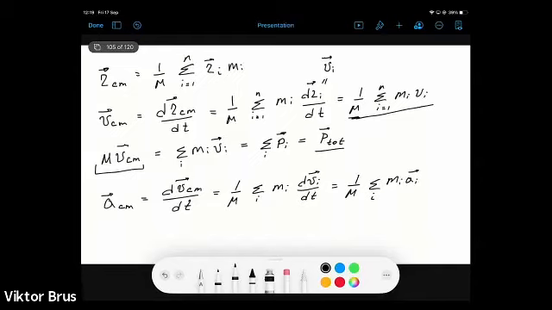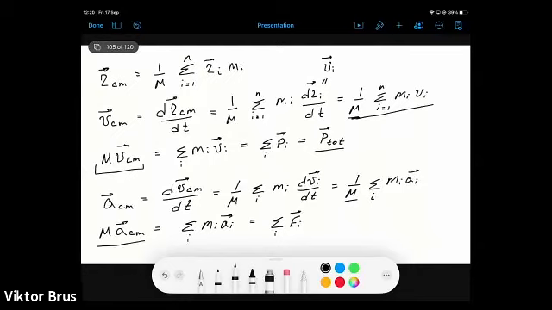Again, we transfer this total mass to the left side of the equation. We get the product of total mass and the acceleration vector of the center of mass, and that gives us the sum of all these products m_i a_i for each body, and that is nothing else, according to the second law of motion, than the sum of all forces which act on all bodies in the system.